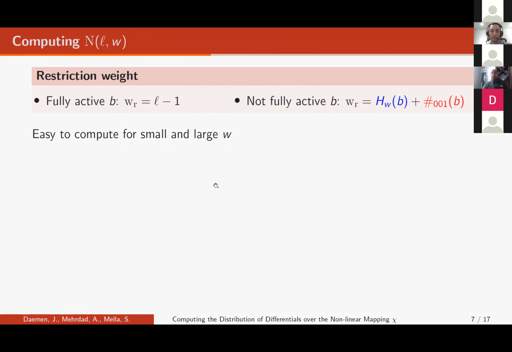As I said, the restriction weight can be computed by using these two formulas. So it's easy to compute N for small or large W. For example, if W is 2, it means that we should have at least one active bit and one 001 string.